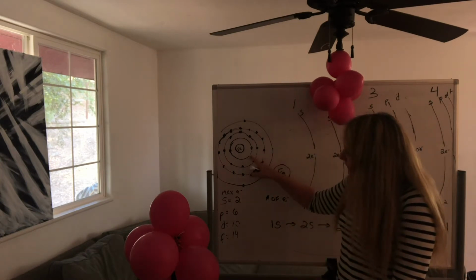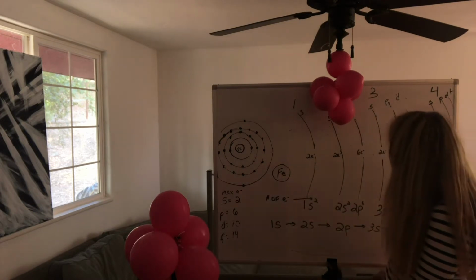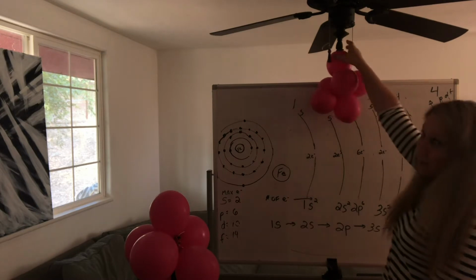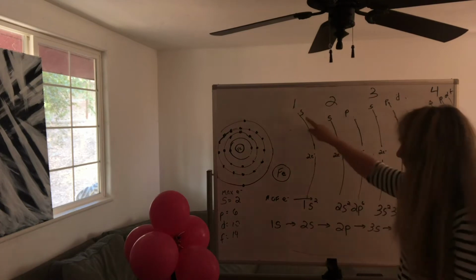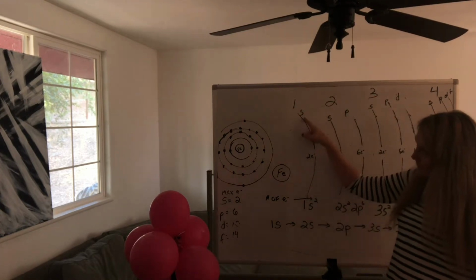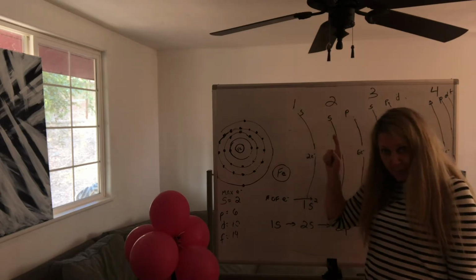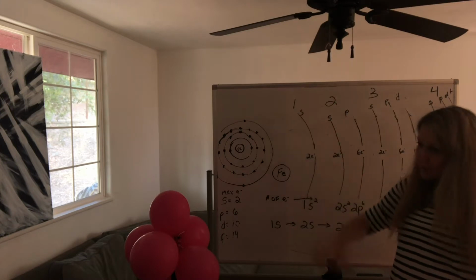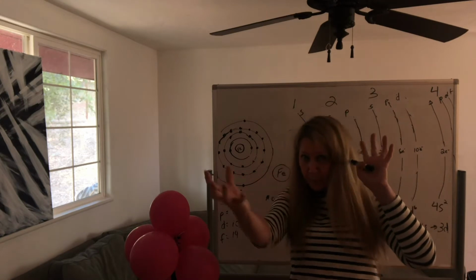So if we looked at this first energy level, it is made up of a sub-level, and that sub-level is called 1s. So 1 because it's the first energy level, s because it's like a sphere shape.